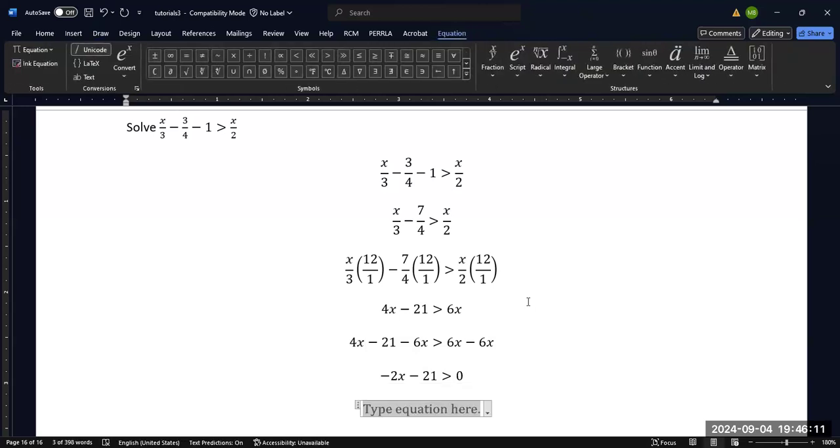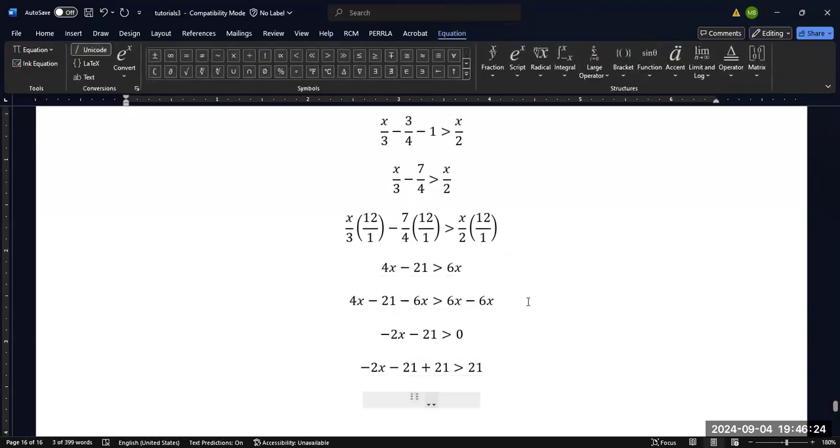And then I'm going to add 21 to both sides, technically. 21 greater than 0 plus 21. The 21s are going to cancel on the left side, and I'm going to be left with this.